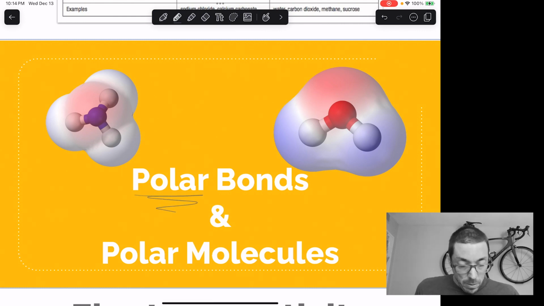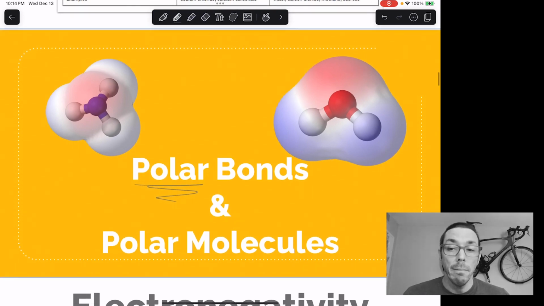So we're going to talk about what polar means, and we're going to look at both polar bonds as well as the entire molecule and whether the entire molecule is polar or not. And that's going to lead us into understanding how individual molecules interact with each other, whether it's strong interaction or really weak interactions.